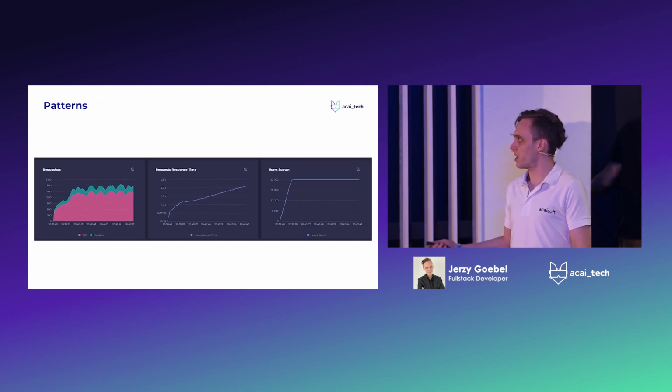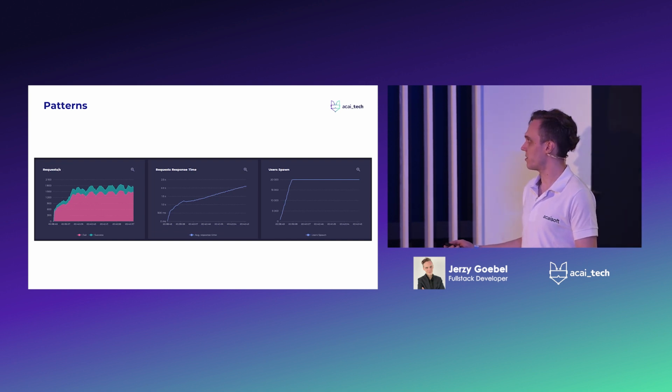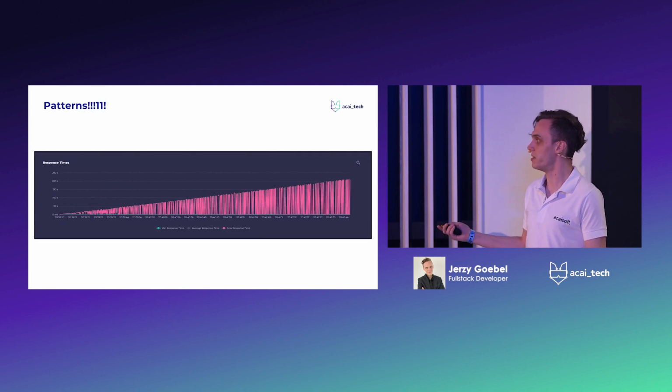And all these graphs started to make sense again because we can see 20,000 users, flat line, and the request response time is a nice graph going up, again corresponding to this one because there were a few requests that were 200 seconds long, and some of them were at the millisecond level.